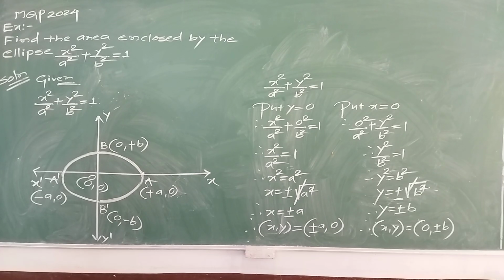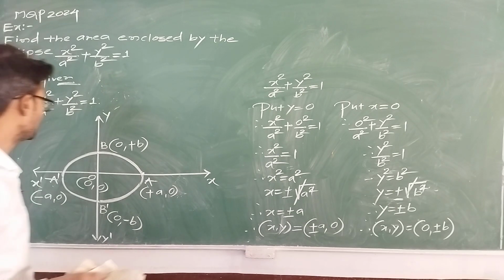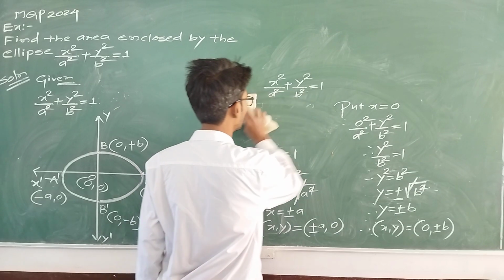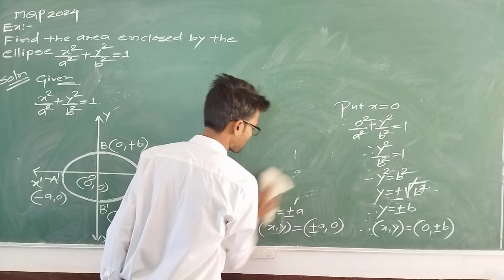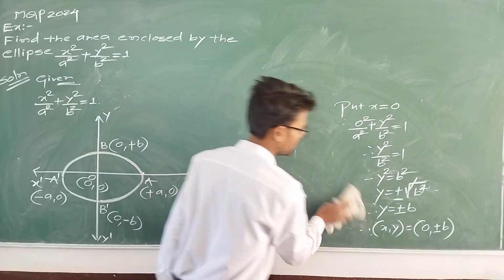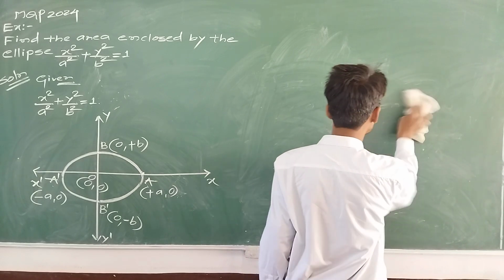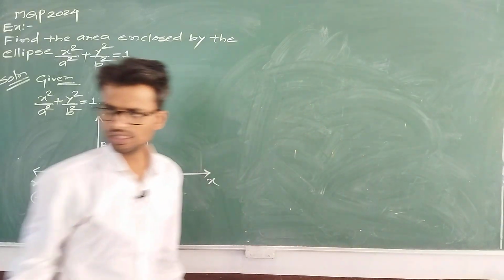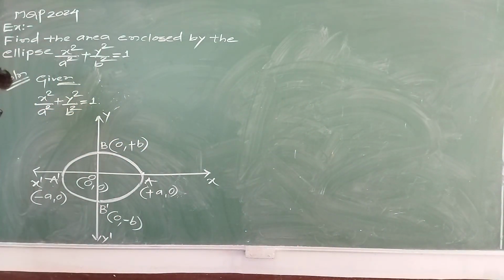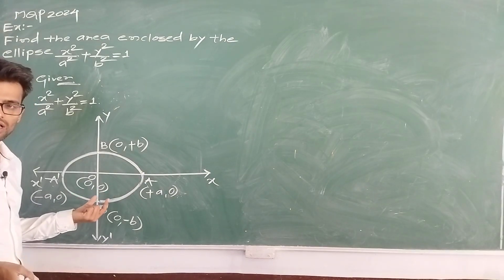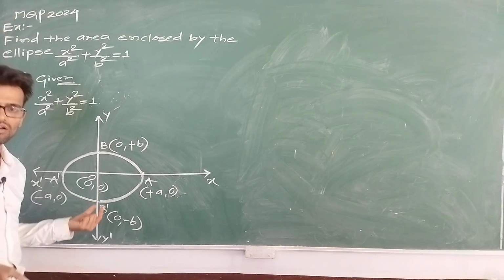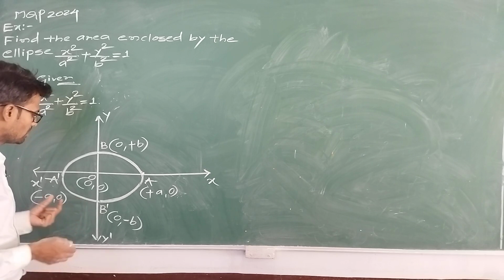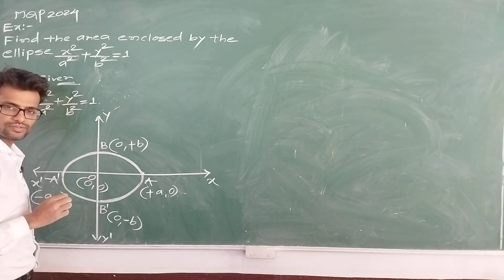So, after this you go for the area of this curve, that is the area enclosed by the curve x square by a square plus y square by b square equal to 1. By looking at this figure, we can easily analyze that we are having 4 equal parts here.